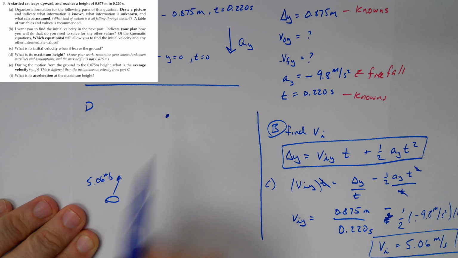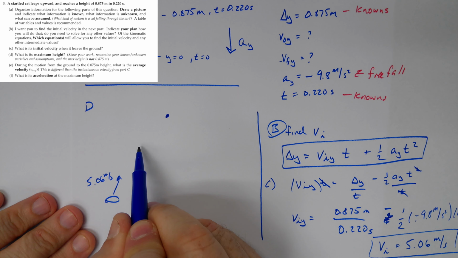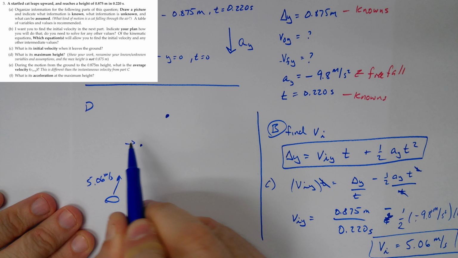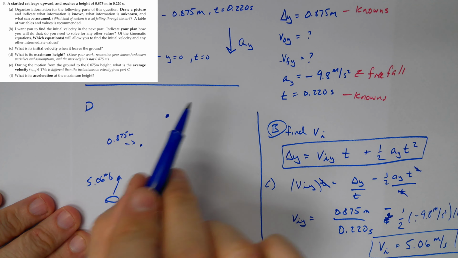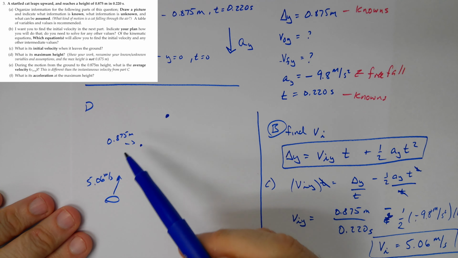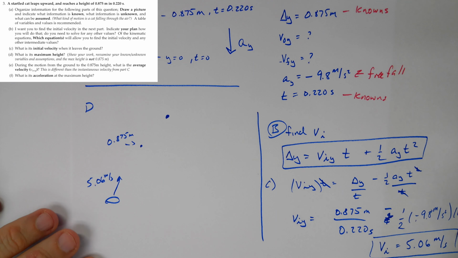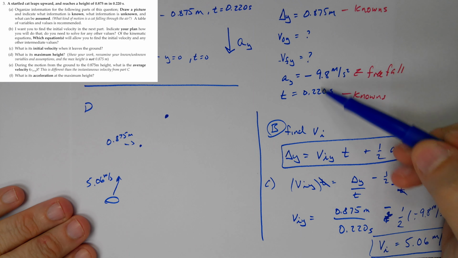It's going to get up here. At that maximum height, 0.875 was down here. The cat kept going upwards. If you don't trust that, calculate what v final is. We have a spot for v final. We can calculate what that is.